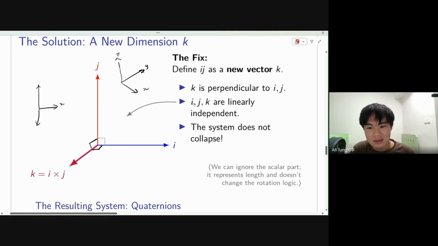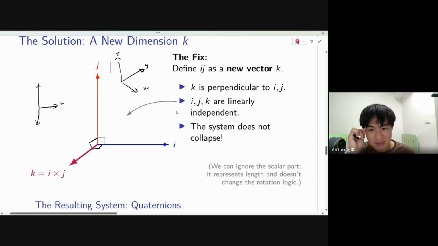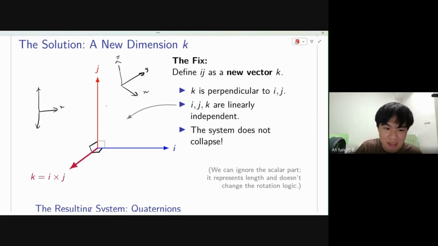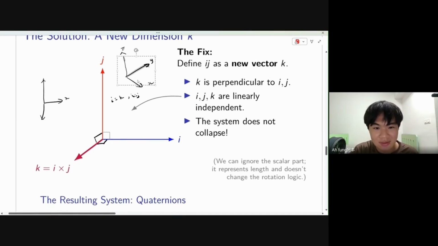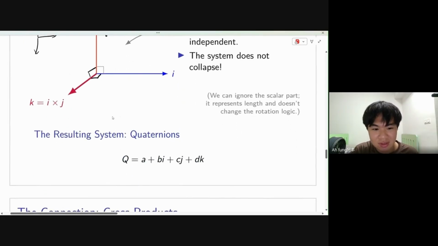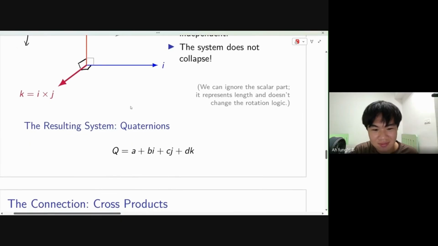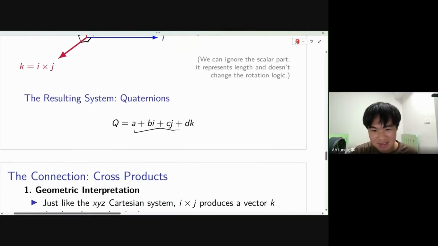So we can see from here the ijk is similar to the xyz plane, and this system does not collapse. We wouldn't get something like i is equal to k or i is equal to j. It doesn't give a weird result. So we get a system we call quaternions, where q is equal to a plus bi plus cj plus dk. So there is another axis.